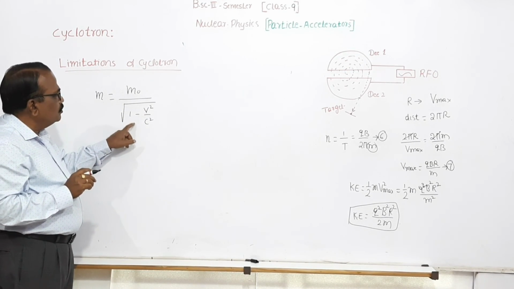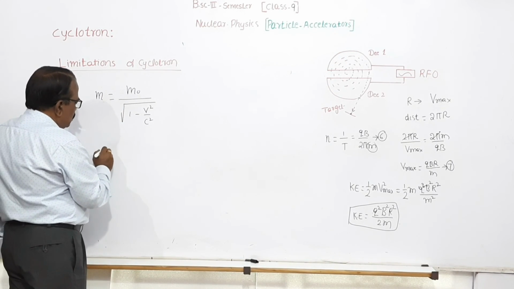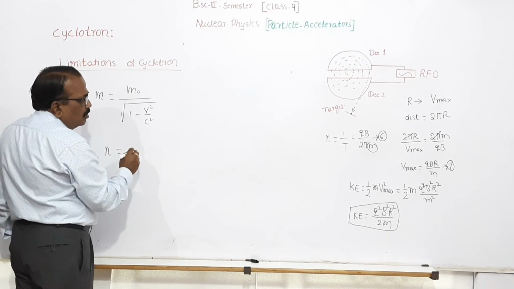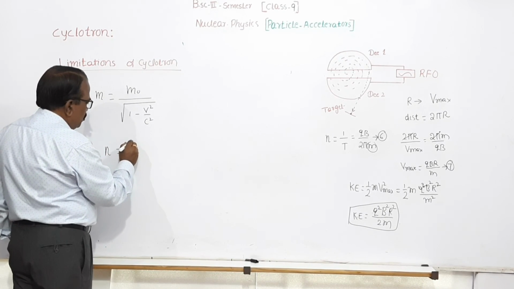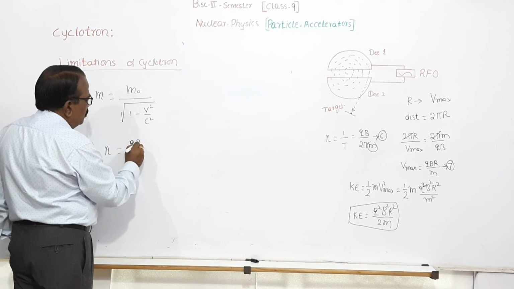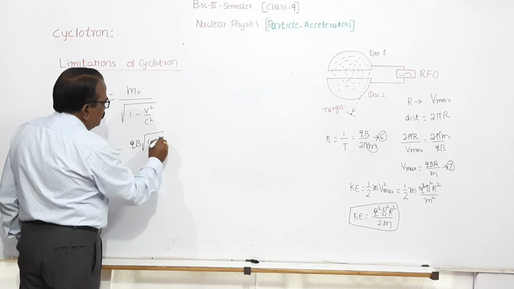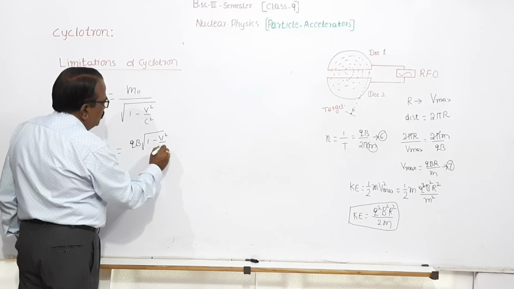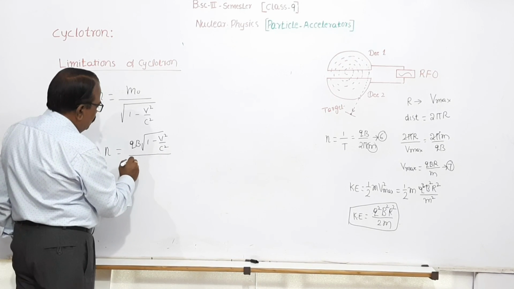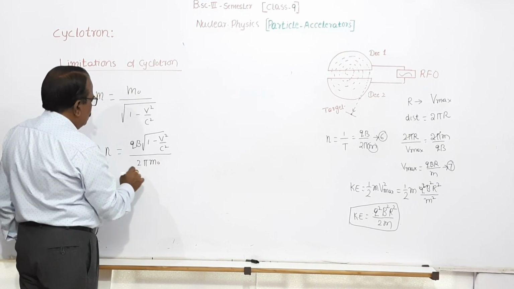If you substitute this change in the mass in equation 6, the relativistic frequency of revolution of the charged particle ion is given by n is equal to square root of 1 minus v square by c square divided by 2 pi m naught.